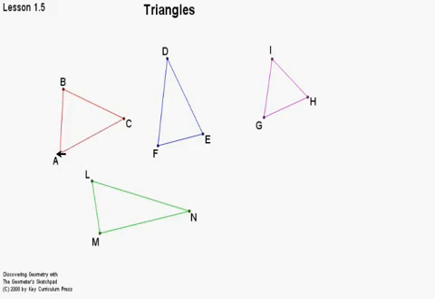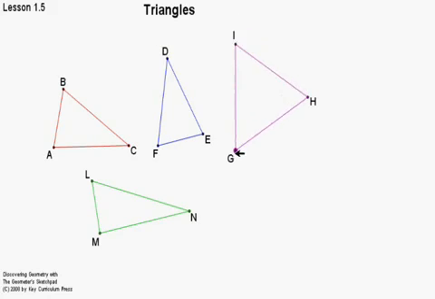Here you can see I'm moving each of the vertices in this particular triangle. What's happening with the angles and the sides as I push in, push out, and move up and down? Now let's compare it to this one. I'm going to take this vertex G and move it around.